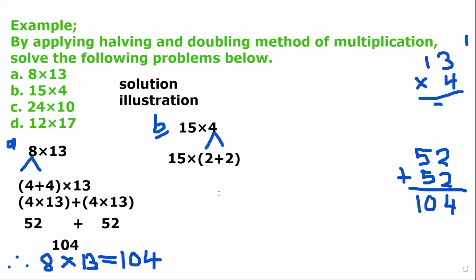So the next step is we are going to use each of the half to multiply the 15 here. Okay, so now you'll be getting 15 times 2 in the brackets plus another 15 in the brackets here times 2. Okay, good.